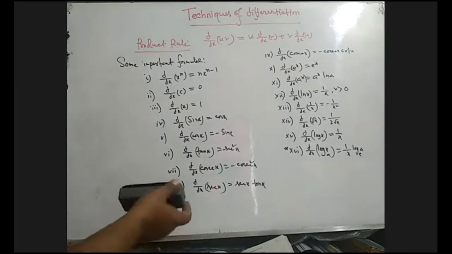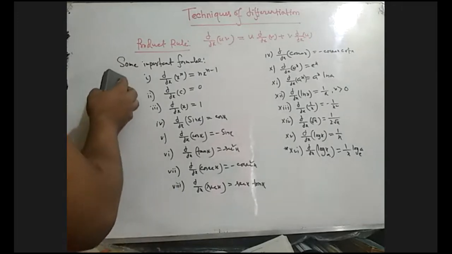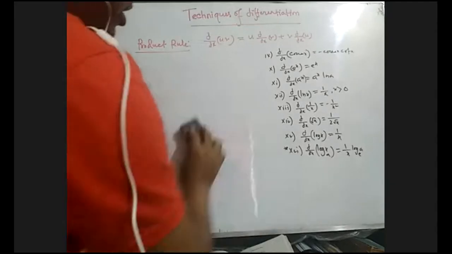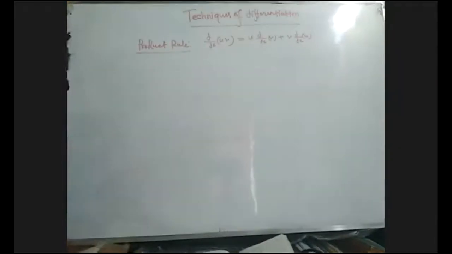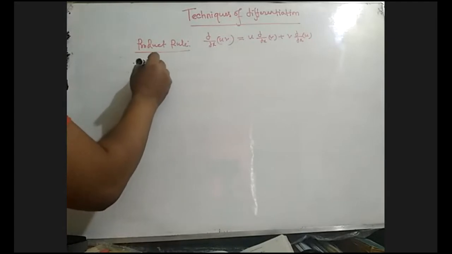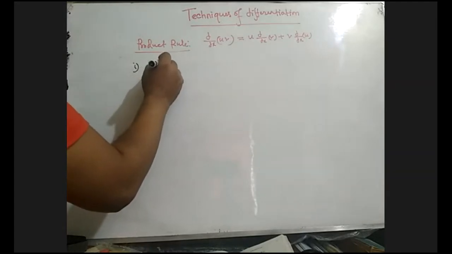Okay. Now we use the product rule. How to use the product rule for differentiating any function of x. Okay. Suppose we have an example like this. For example, we have to differentiate.